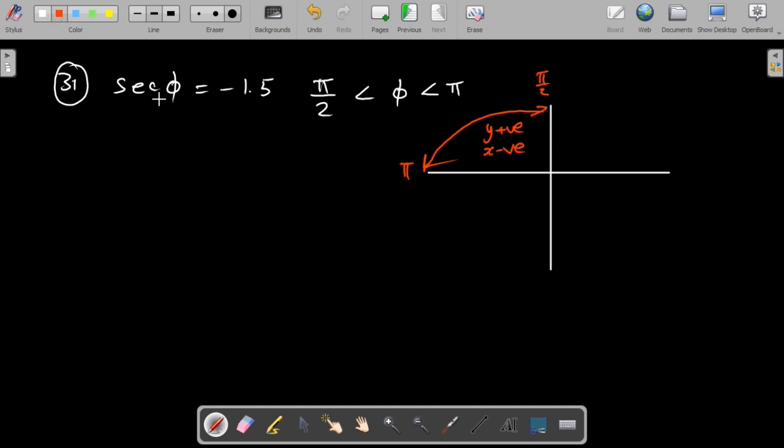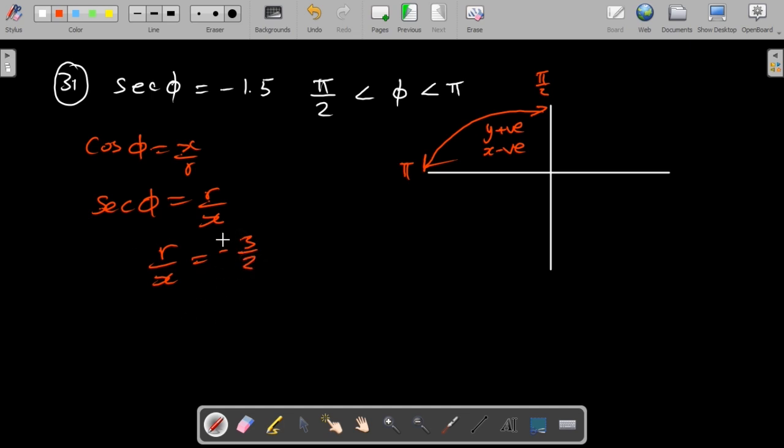Sec is the reciprocal of cosine, and we said that cosine is x over r, which means our sec is r over x. And since we have that value, r over x equals minus 1.5, which is the same as negative 3 over 2.